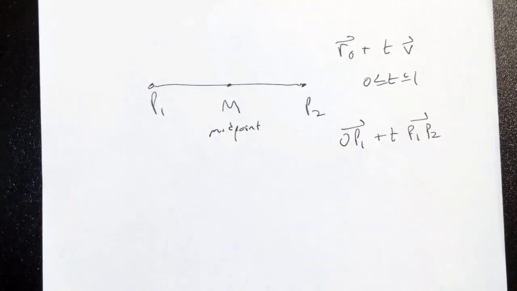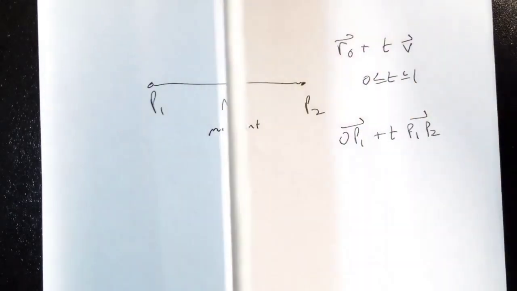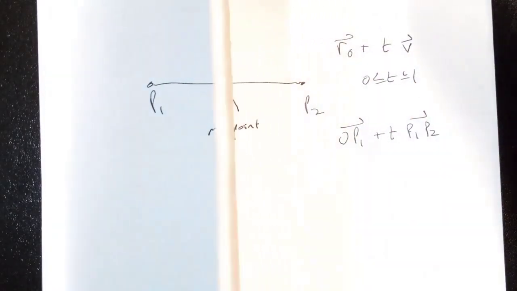Now, I know a point. My goal is to find a plane, yes? To find a plane, I need a point on the plane. We have one. And I need the direction perpendicular to the plane. The vector P1P2 is perpendicular to my plane.